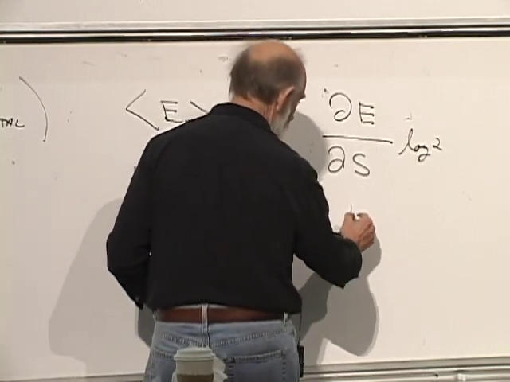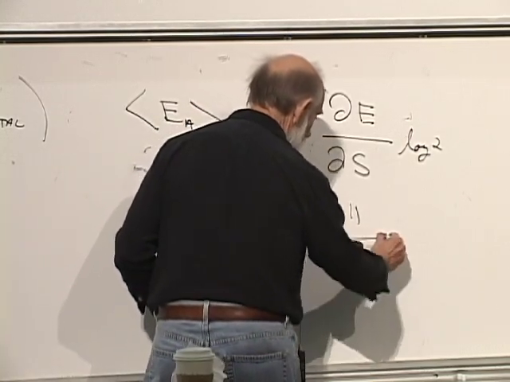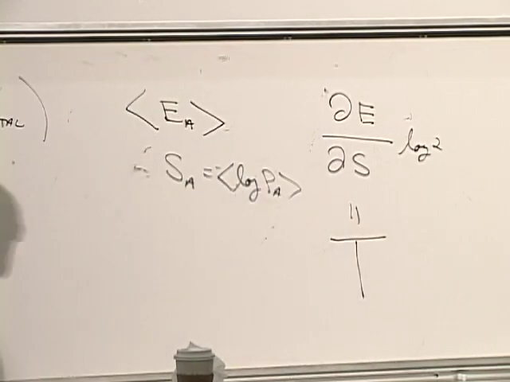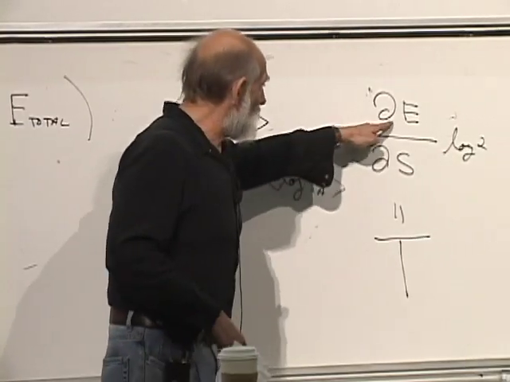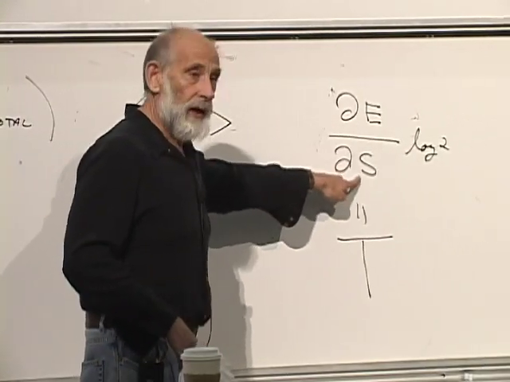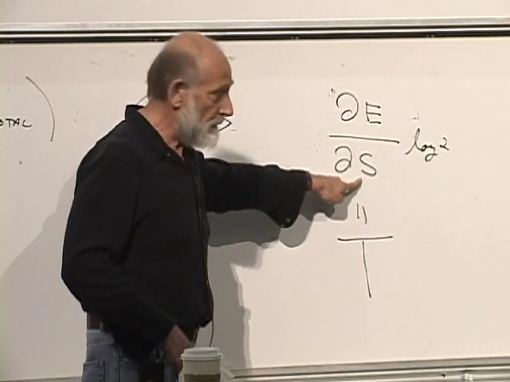That's what's called temperature, T. It's the energy change needed, to state it colorfully, to hide 1 more bit of information. But technically, it's the change in the energy per unit entropy of the system.